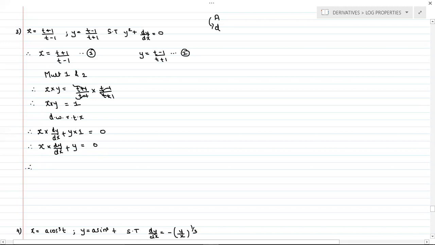Okay, now just pay attention here. Clearly in the show that we require y square, then dy by dx and 0. Here we got dy by dx and 0 also, but we want y square.